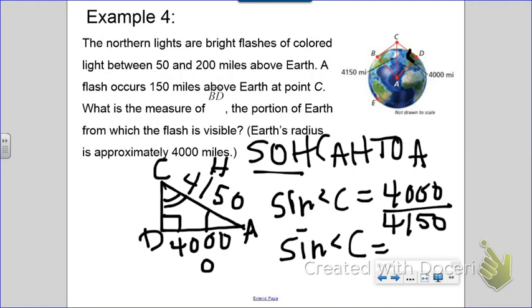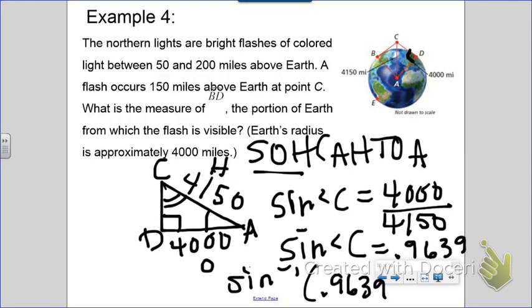So if we take 4,000 divided by 4,150, it's 0.9639. Inverse sine of that to get the angle, which is 74.6 degrees.